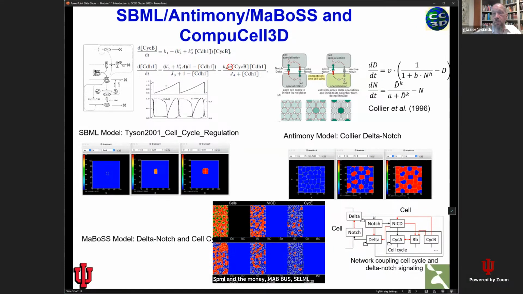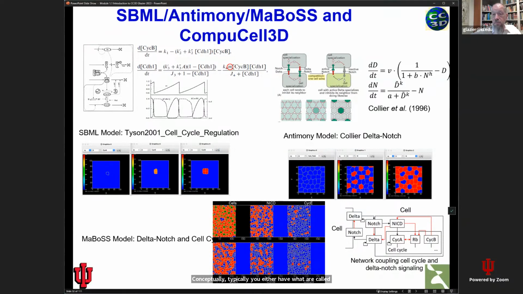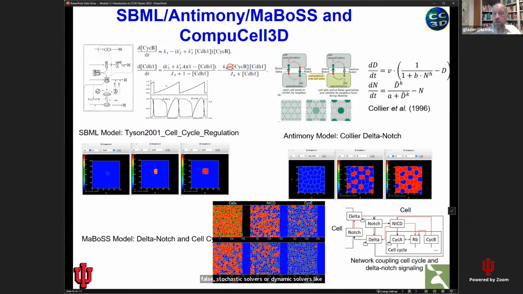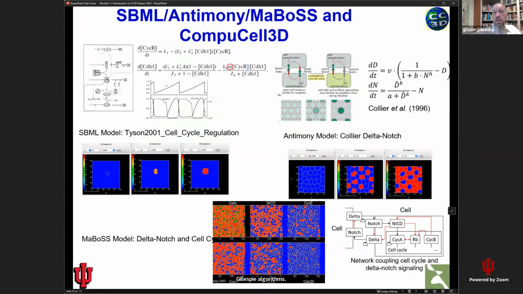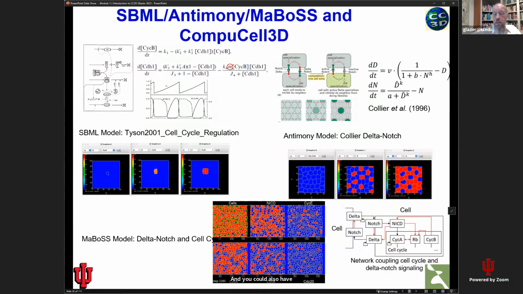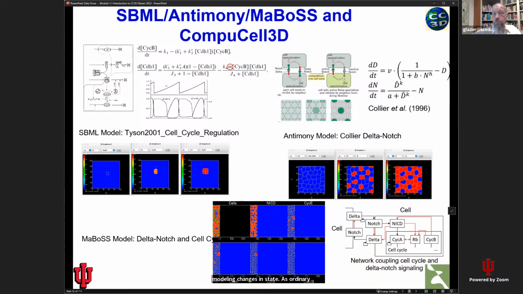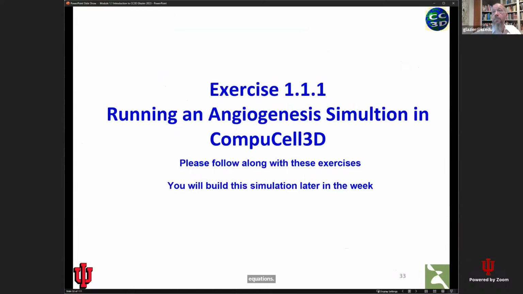Conceptually, typically you either have what are called stochastic solvers, which could be Boolean, true or false stochastic solvers, or dynamic solvers like Gillespie algorithms. And you could also have reaction kinetic solvers, that is, modeling changes in state as ordinary differential equations. And next week, we'll go into how to do that in some detail.